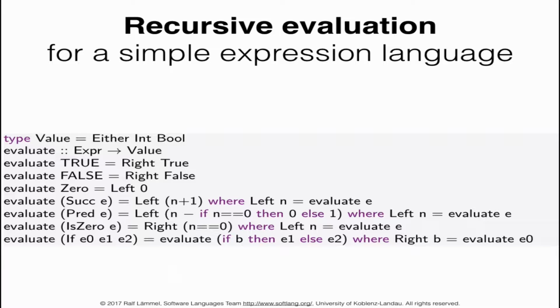Okay, so here's a very simple interpreter for the expression language that we saw earlier. So we just really descend into all the terms in all the expression forms, and we have recursive applications of evaluate all over the place to recursively turn these expression forms into either an int or a bool.